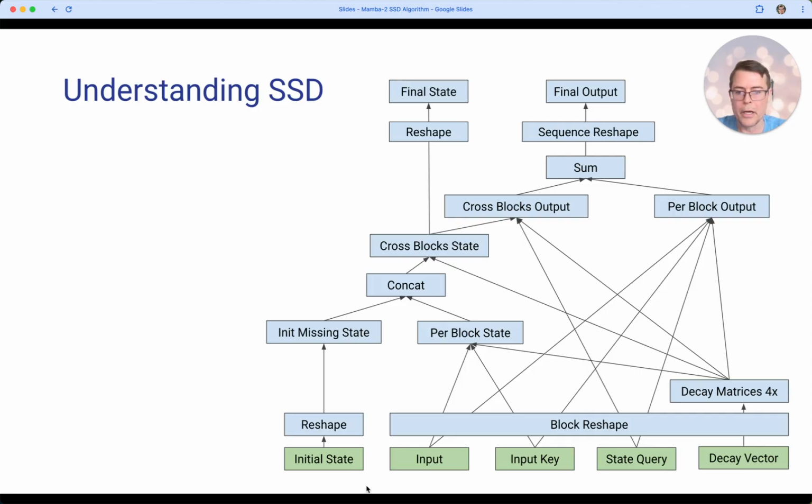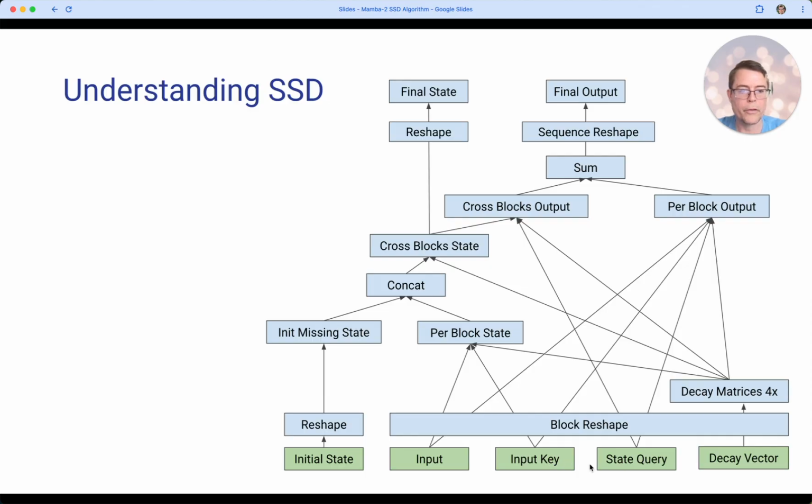But you have your input sequence. It's been convolved already, and it went through a swish. You've got your decay vector we just looked at. You've got two matrices that help you work on your input and your state.